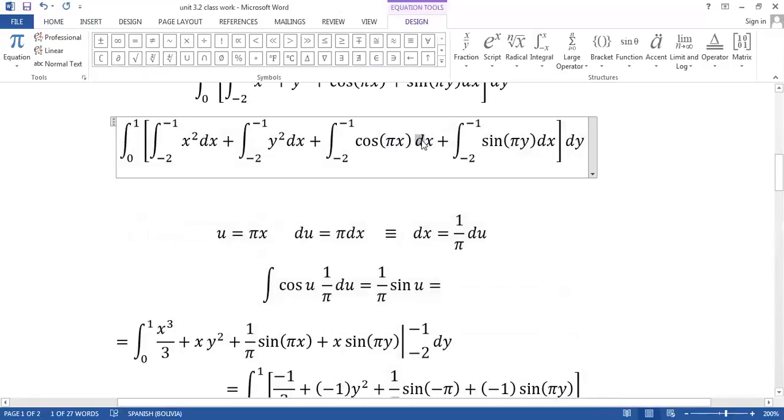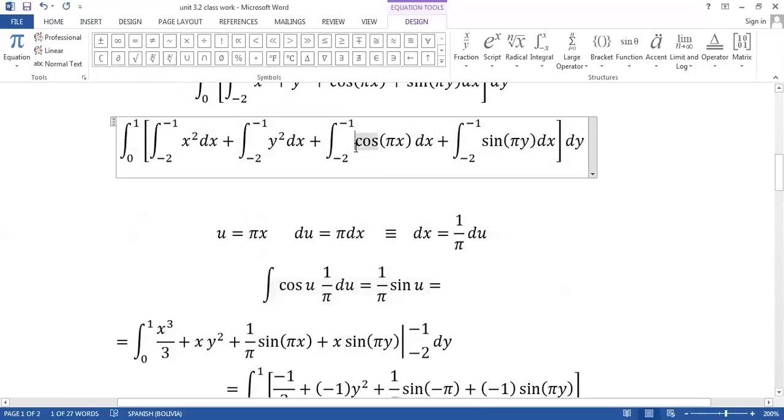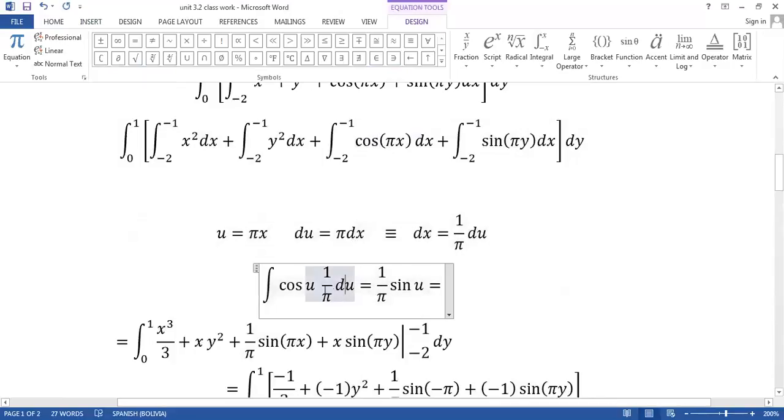So after my u substitution, this dx becomes this. So that whole line just represents that integral. Yeah, that entire thing represents just that integral.